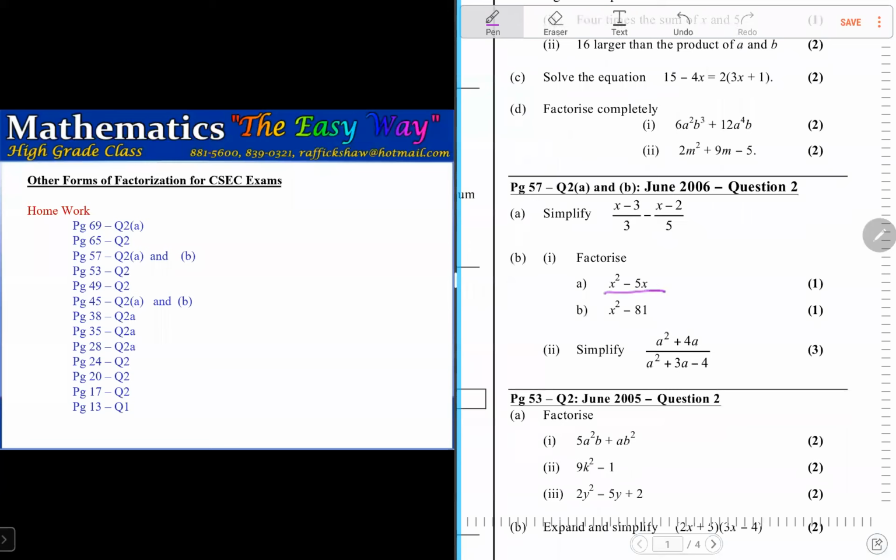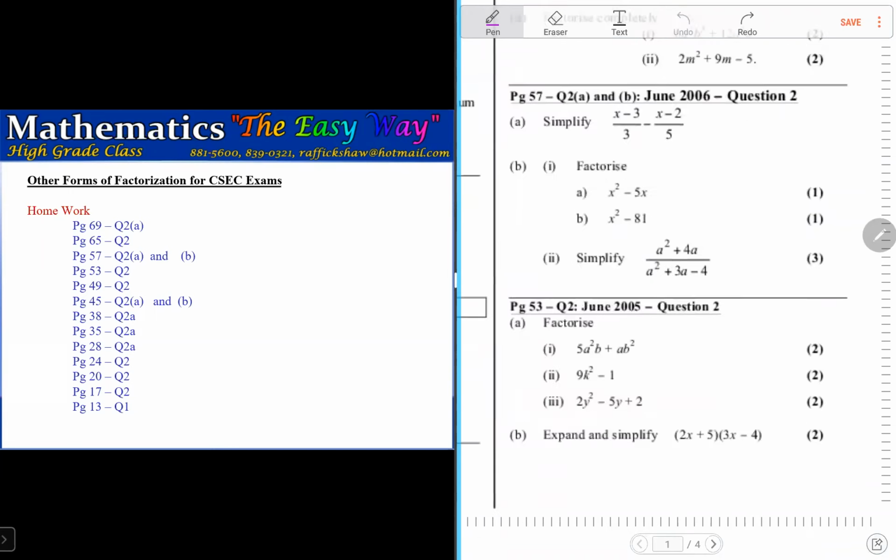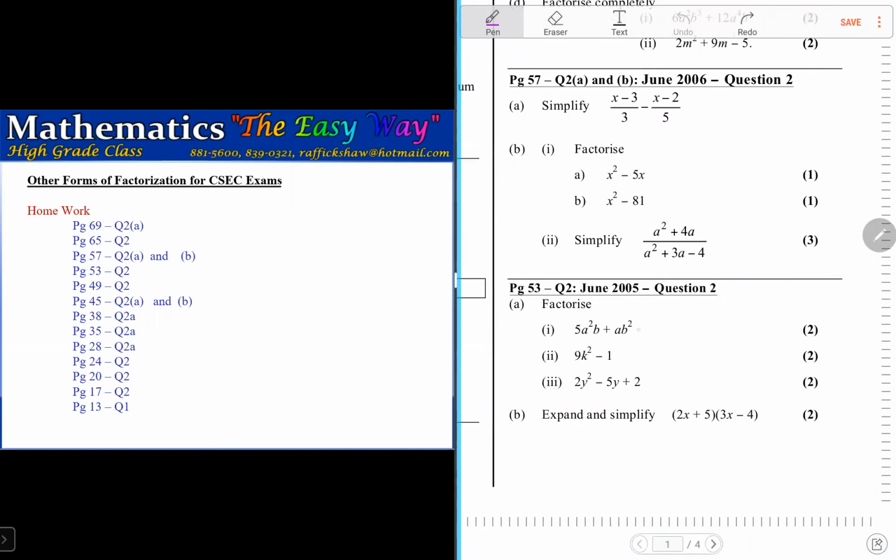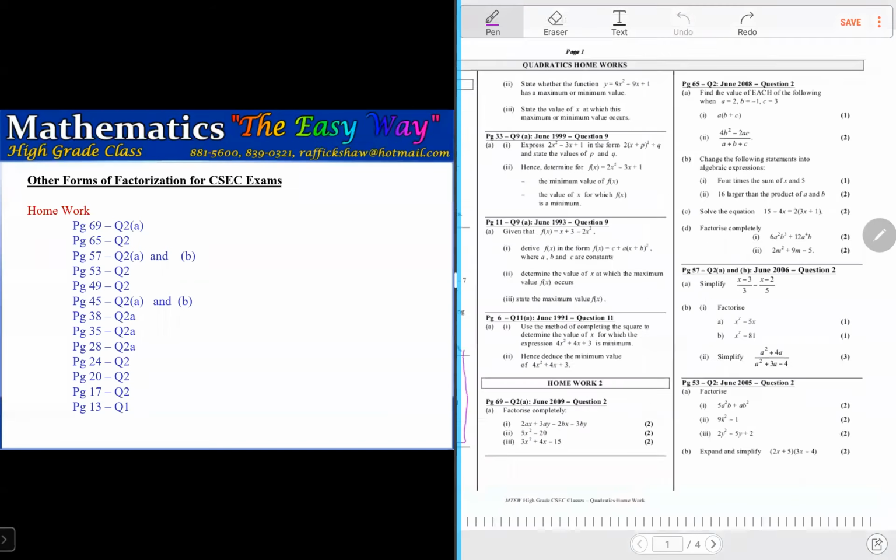That one to factorize is common factor. That's a difference of 2 squares. This is a quadratic under here, and a common factor up there to solve. There's a fraction to do. So now we'll do these simple topics as well, take the opportunity and do those. This one is to factorize these and to expand that. All right, that's homework number 2.